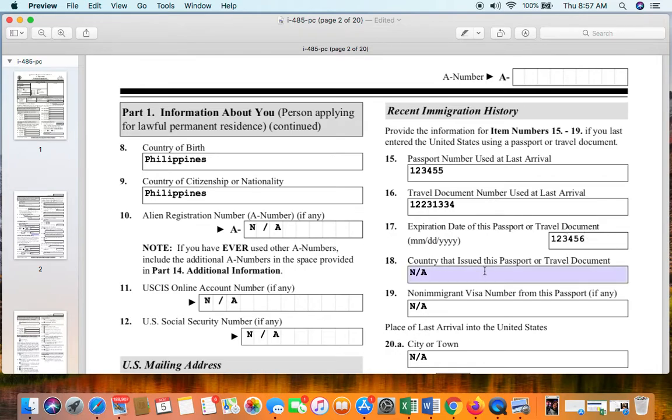Then the country that issued your passport. If your passport was issued in the Philippines, you can put Philippines. Then the nonimmigrant visa number, if you have any, you can put it right here.